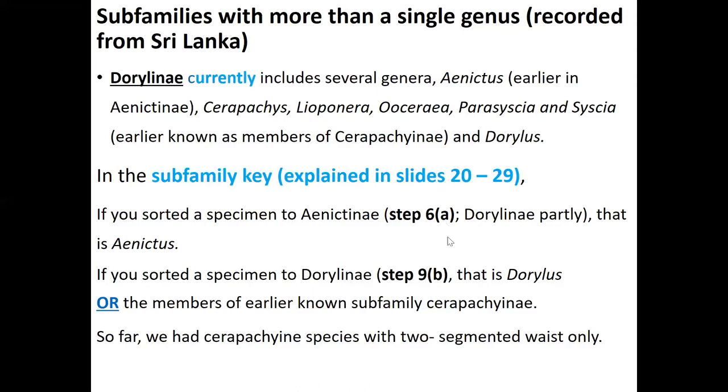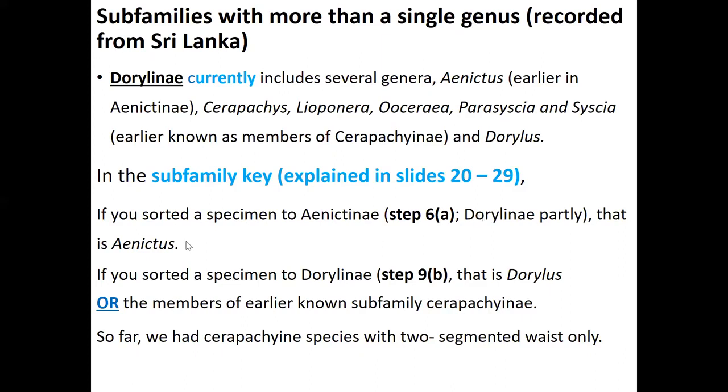So now I have revised it in this manner. This is the key step, step 6, part A. I have mentioned Dorylinae partly, right? Actually, if you sort the specimen there to Dorylinae, that is Aenictus.